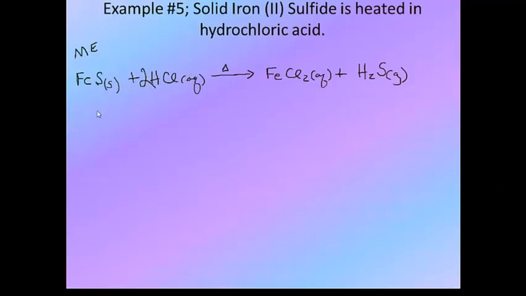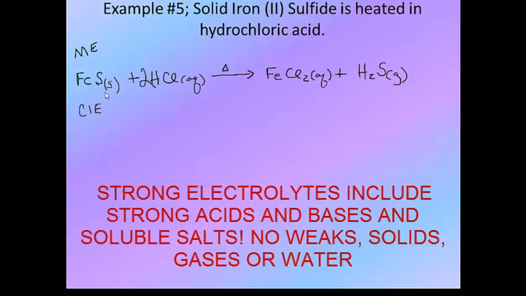Now my complete ionic equation, separating the strong electrolytes. This is not in solution, therefore it is not a strong electrolyte. It is a solid. Leave it alone. Hydrochloric acid is a strong acid. The coefficient multiplies through the entire compound.